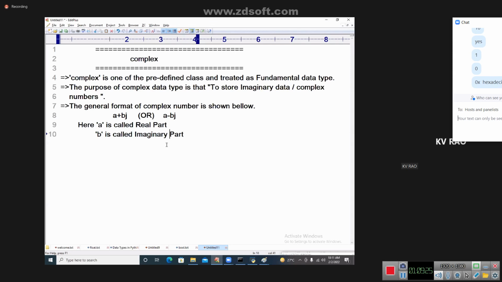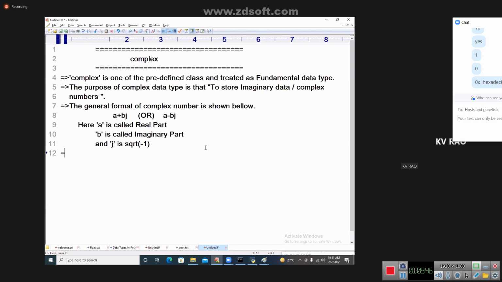A is called real part and B is called imaginary part. And J is SQRT of -1. Okay, SQRT of -1. Very good.